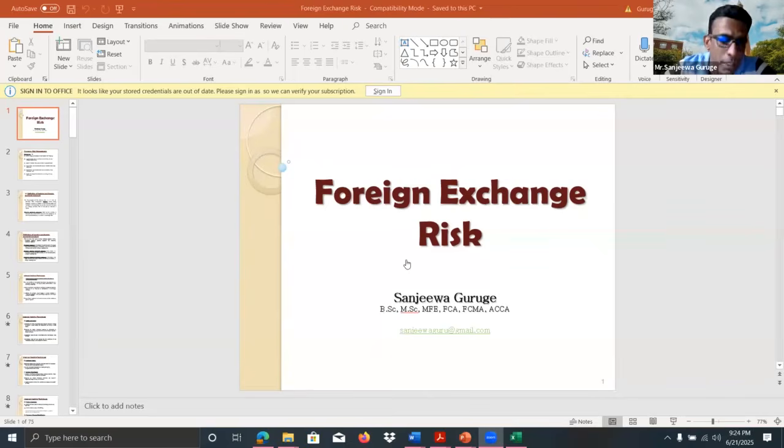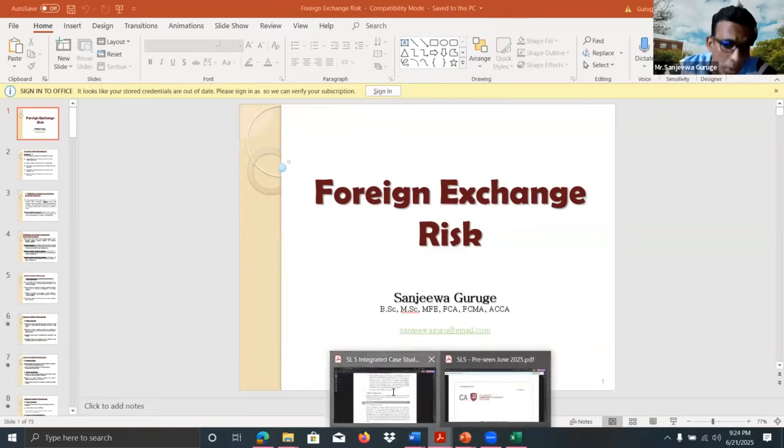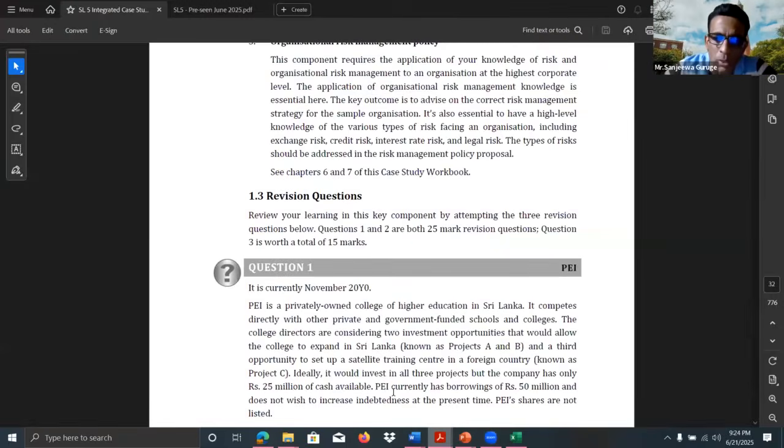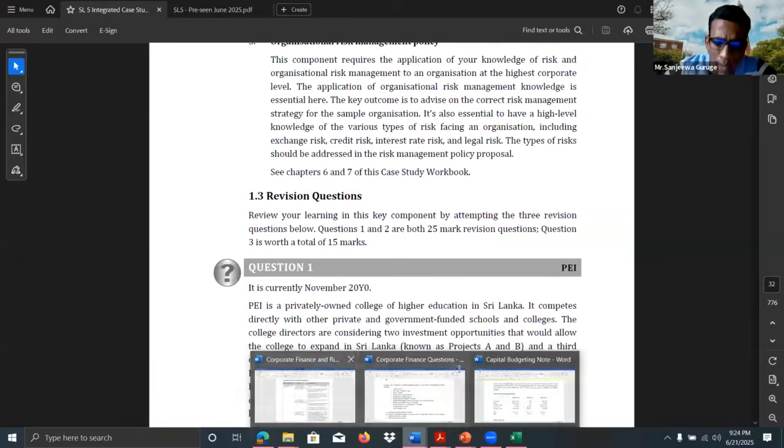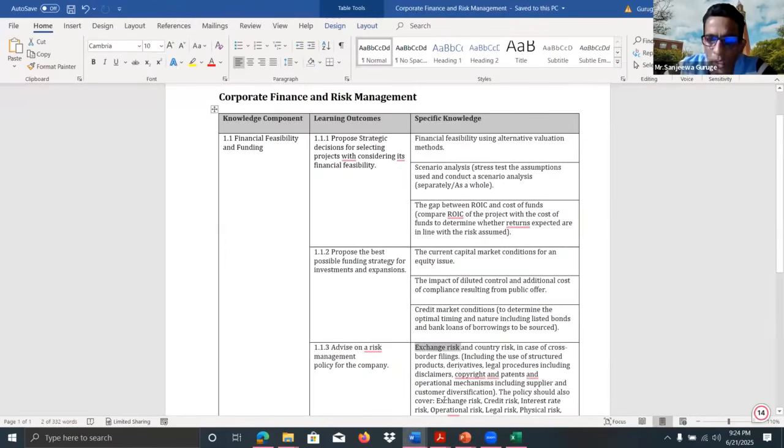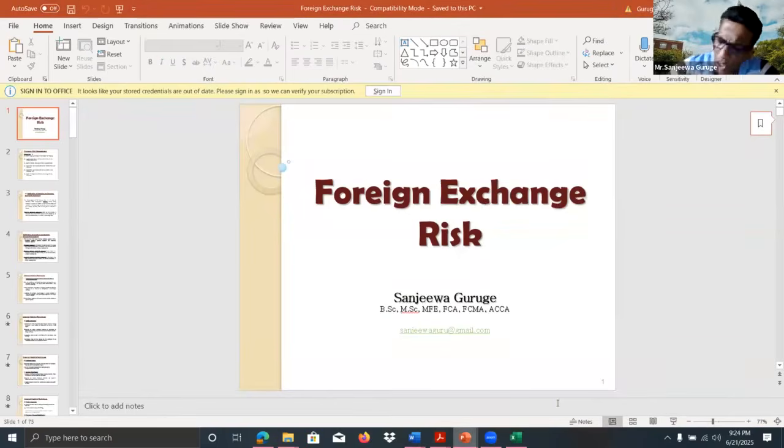Foreign exchange risk is also considered a systematic risk. So that's why it is so important for the business organization when making corporate finance decisions. It is one very important factor that the organization should consider, because it can be analyzed in many ways.